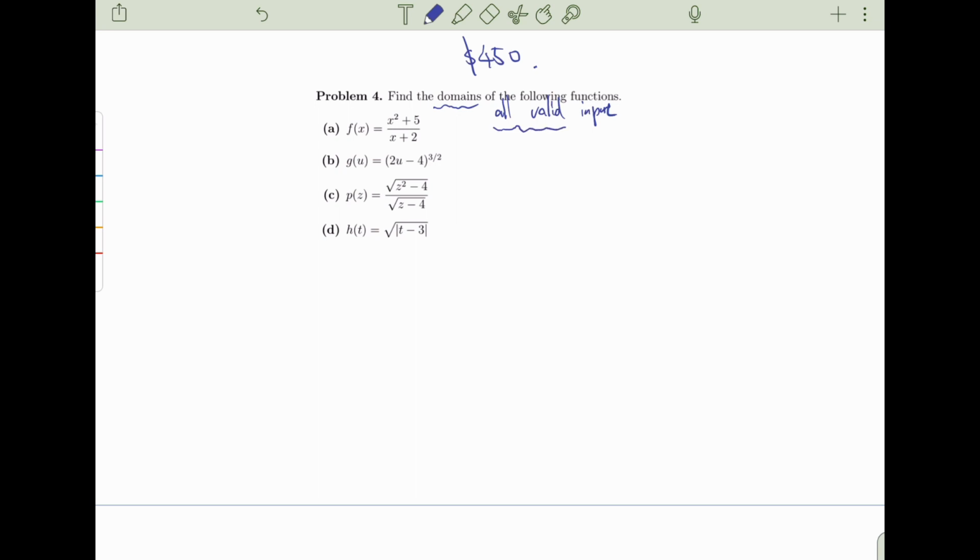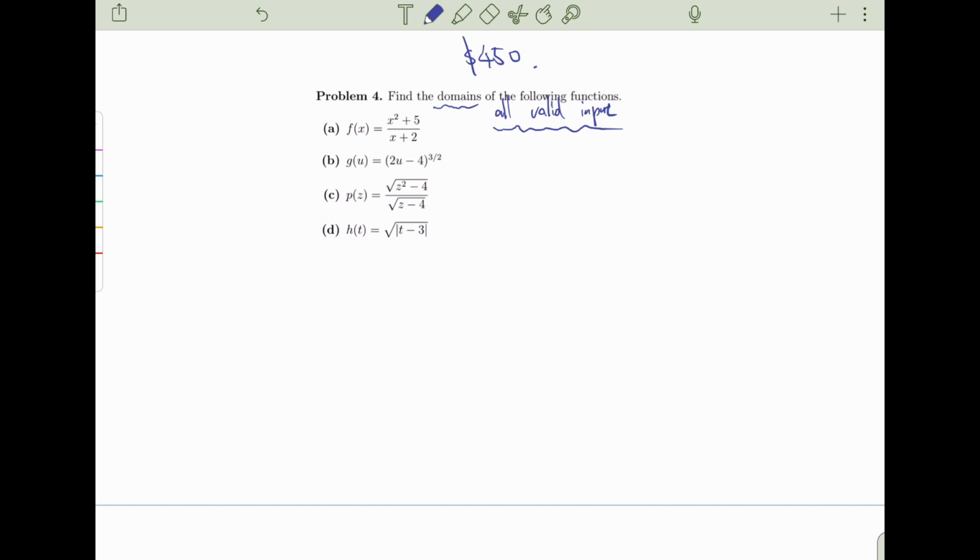Okay, and for example, when you have a rational function, like a fraction, then the denominator is not allowed to be 0. So if you input something and you end up getting 0 in your denominator, that means that input is invalid.